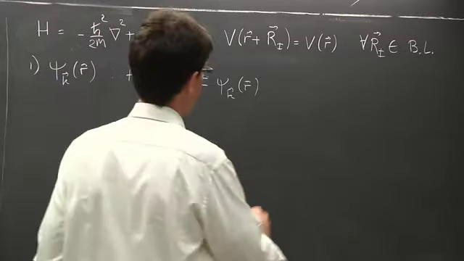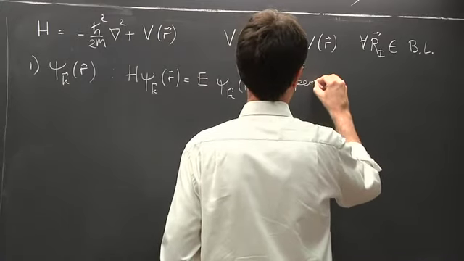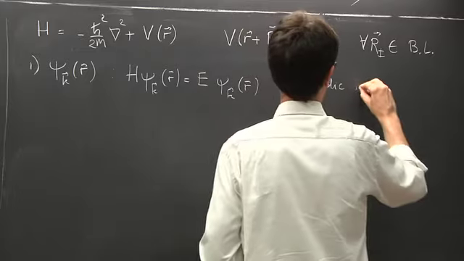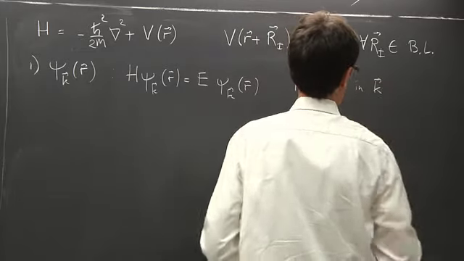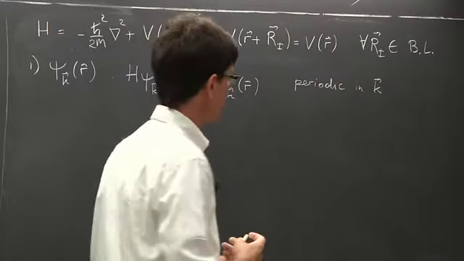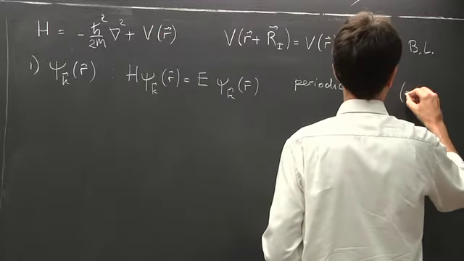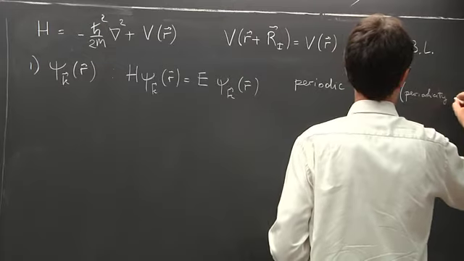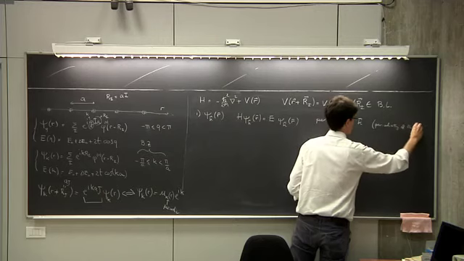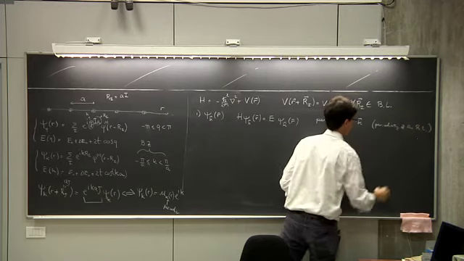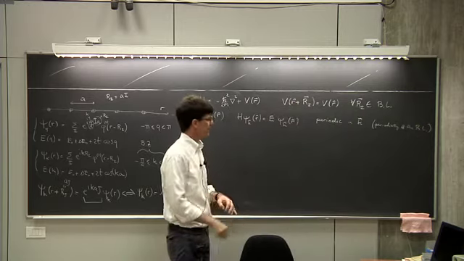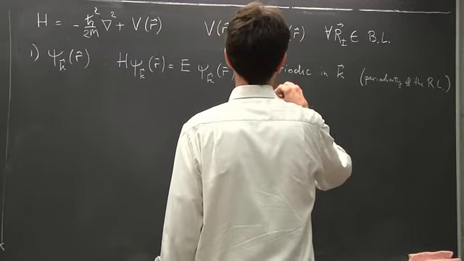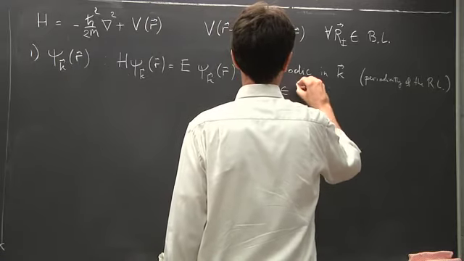Solutions are periodic in k with periodicity given by the reciprocal lattice, and therefore I can restrict my k to belong to the Brillouin zone.